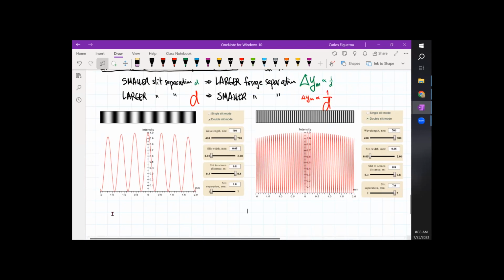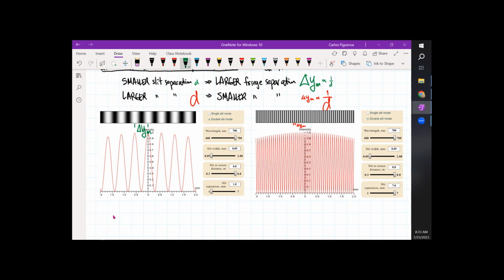The first thing you want to see is that you can clearly see that these guys are definitely much bigger than these guys. This guy from here to here, and these guys are definitely much larger.